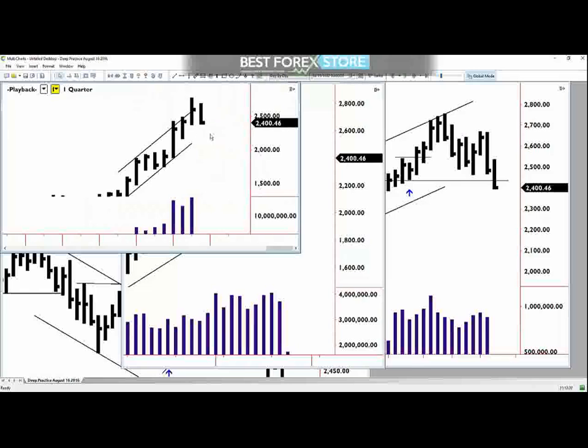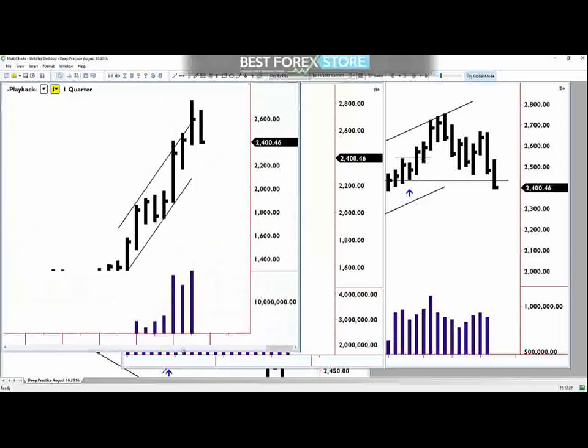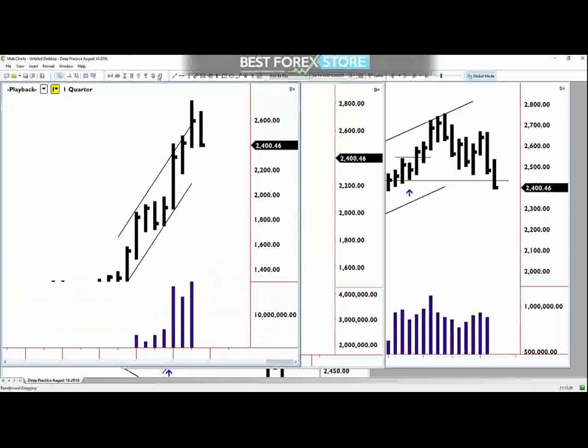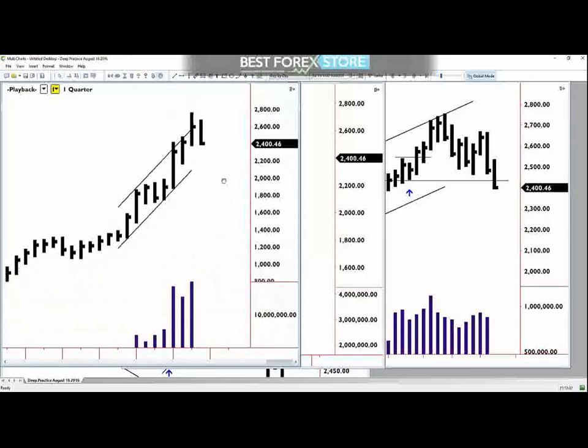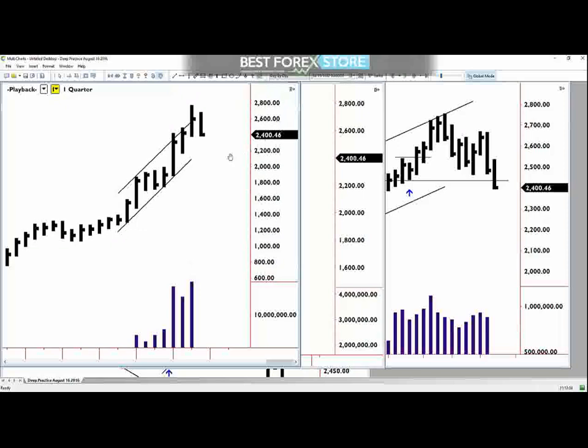We haven't had a pullback in a while on the quarterly, so now we could get a big move down, is the point, because of this quarterly market. Notice the volume on this bar, and it closes off, and now the next bar is down.